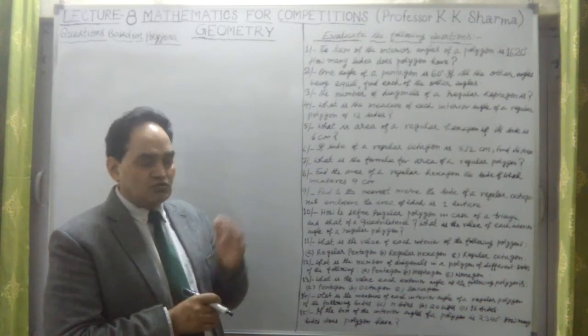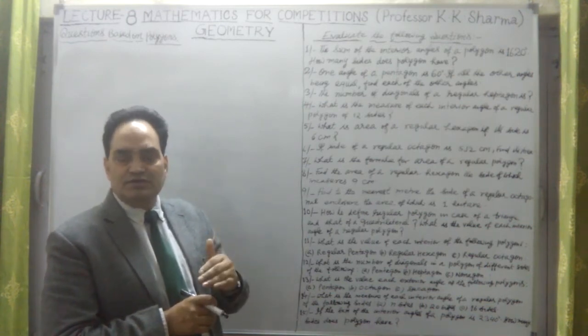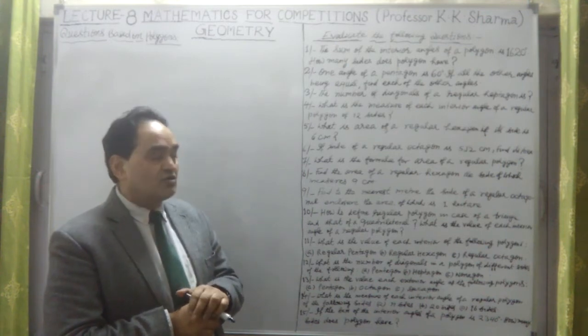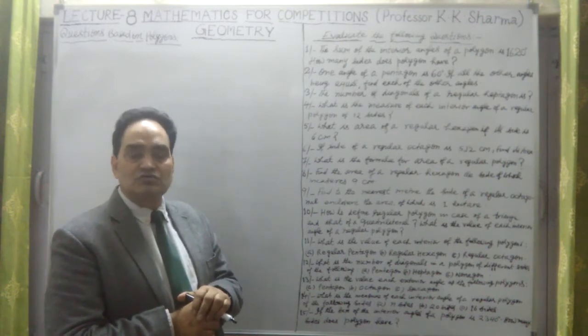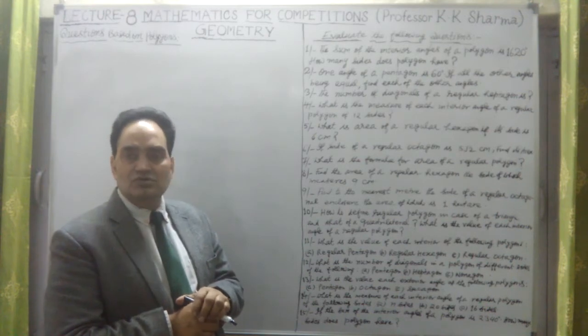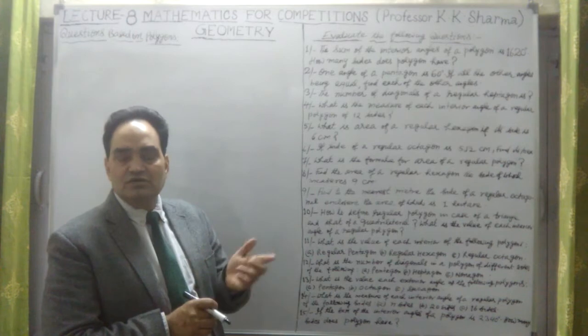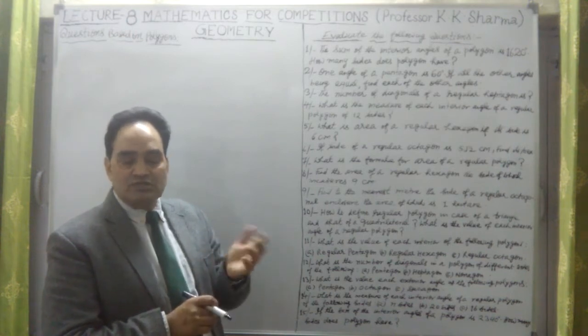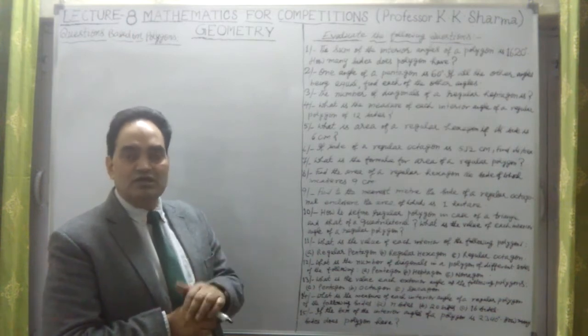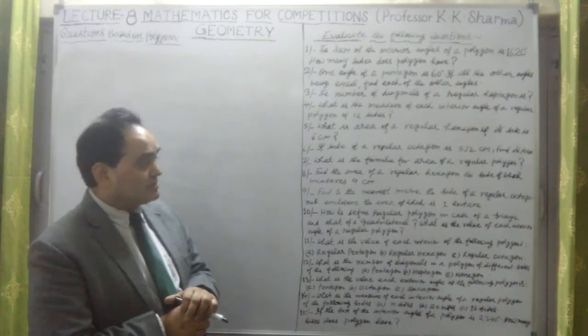Regular quadrilateral, regular triangle, regular pentagon, regular hexagon, regular heptagon, regular octagon, regular nonagon, regular decagon, etc., or an n-sided figure. An n-gon means an n-sided polygon.